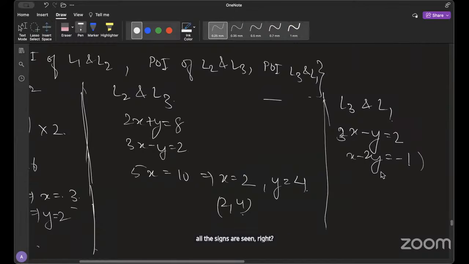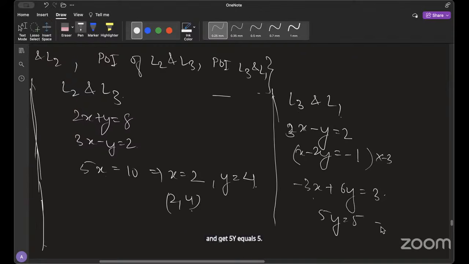So let's multiply this equation by minus 3. You get minus 3x plus 6y equals 3. And then if you add these two equations, you will get 5y equals 5, which means your y is 1.